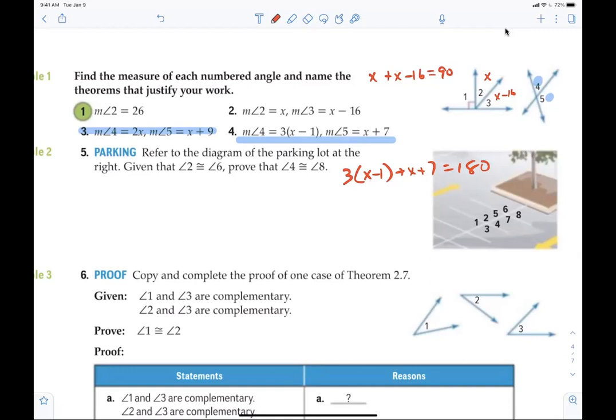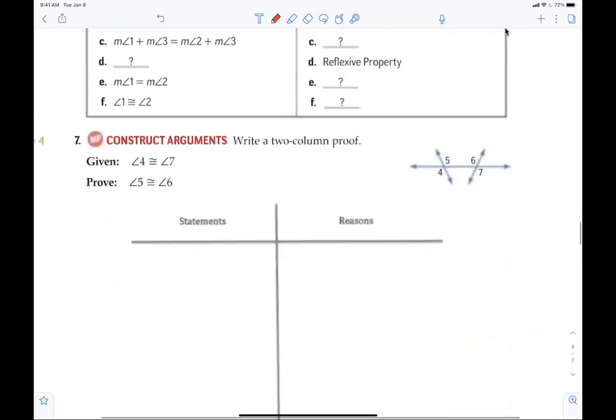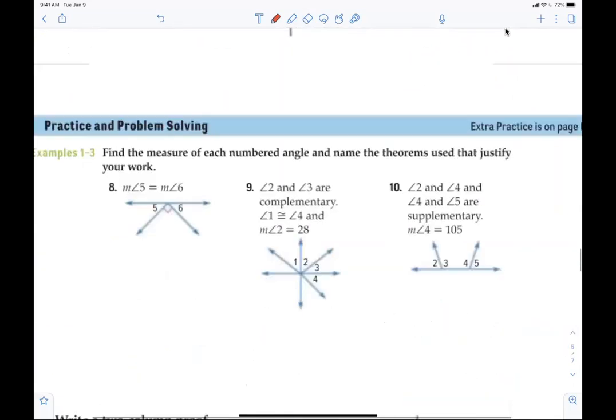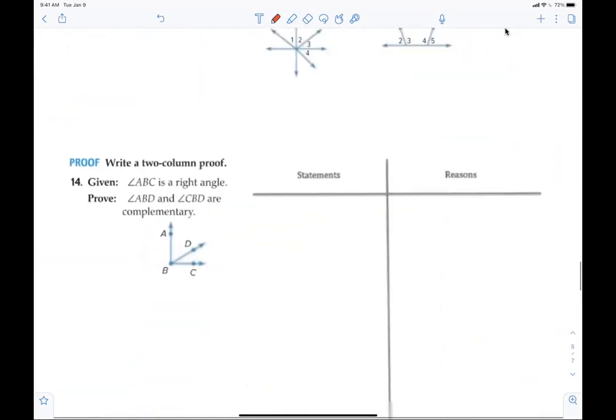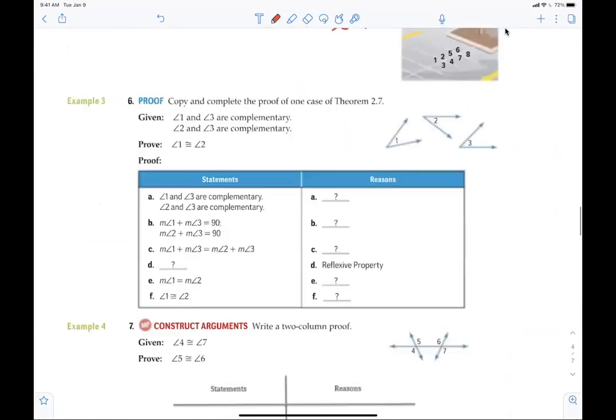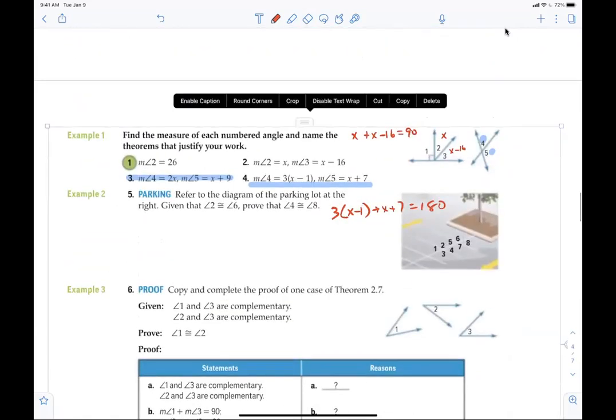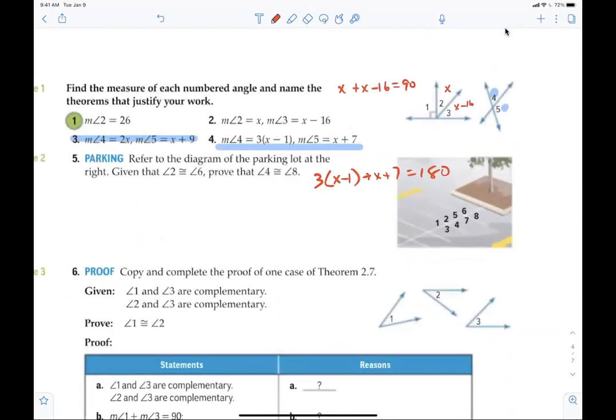Now what I want to do is see number 5. What I did is I tried to write the proofs down for you, to save us some time. Does everybody see what I did? I wrote out the statement and reason for you. Is everybody good with that? Let's just look at this parking lot for a quick second.